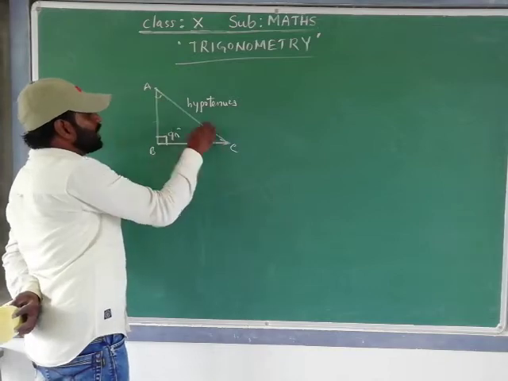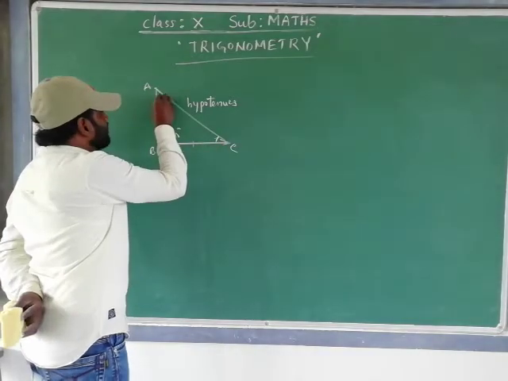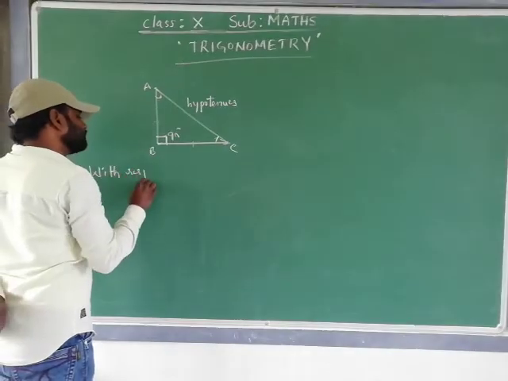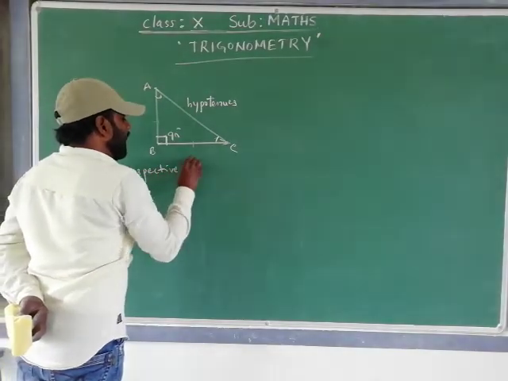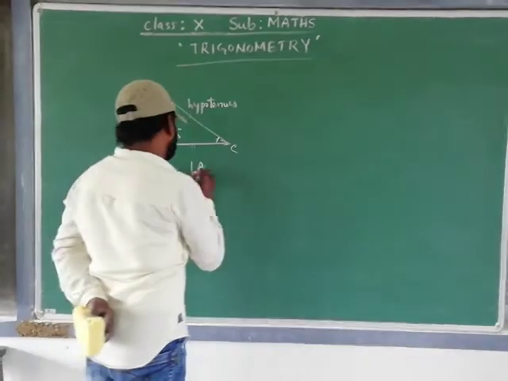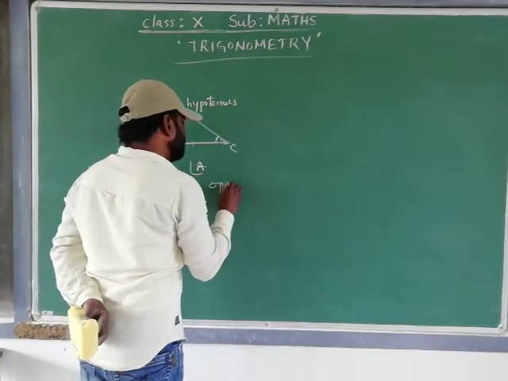Then the other 2 angles are also there, no? With respect to angle A, the opposite side is BC. What is the opposite side?